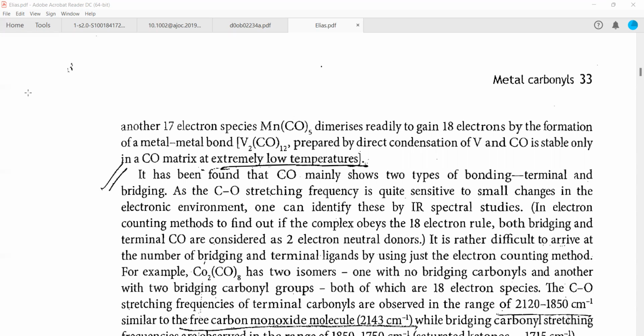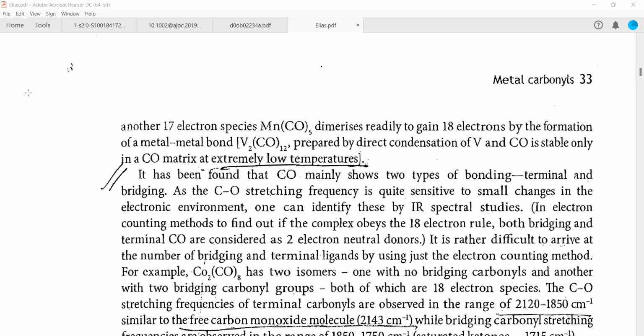So in IR, you know what you study, right? You study the stretching frequencies of the bond between the atoms. If that stretching frequency is highly sensitive to the electronic environment of the metal center or the bond, then you can easily study the electronic properties by IR, right? That is the information you get from IR.